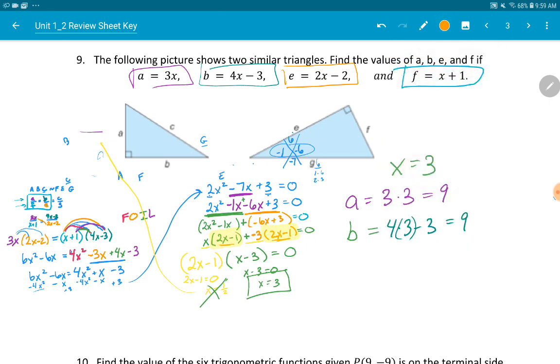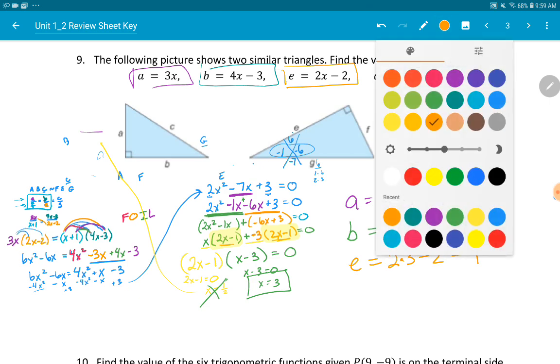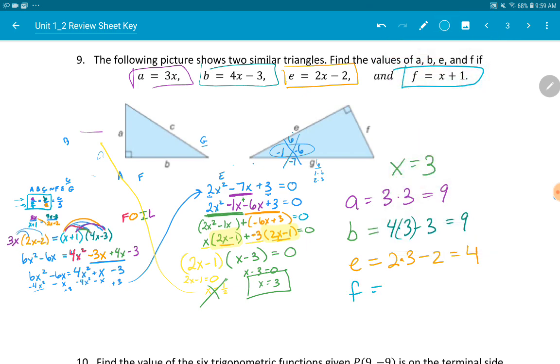E is 2x minus 2, so that's 2 times 3 minus 2, which gives me 4. And F was x plus 1, so that's 3 plus 1, which equals 4.